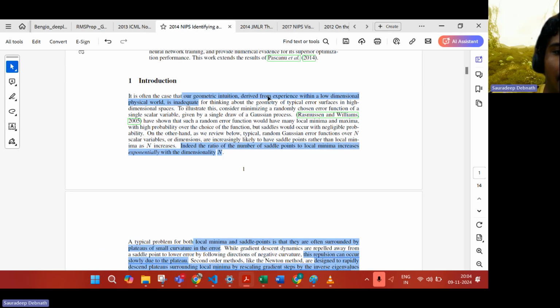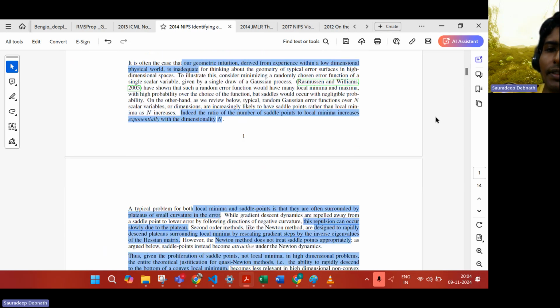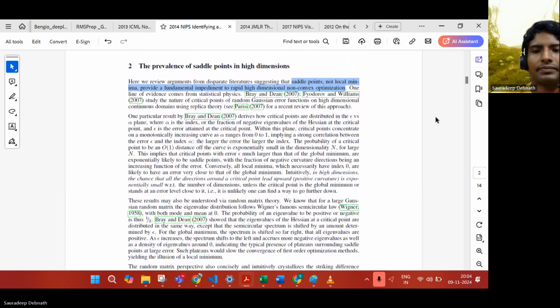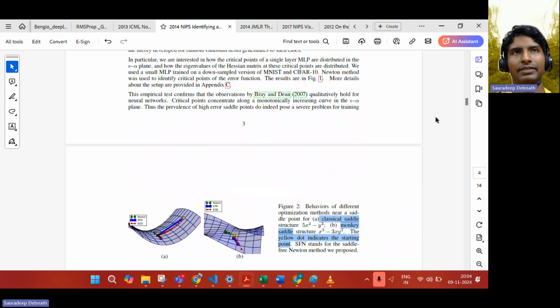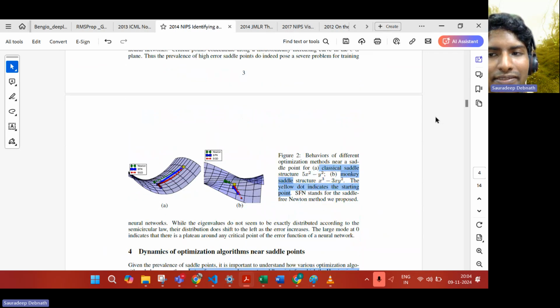Now, with saddle points, how do the two basic algorithms we discussed, SGD and Newton's method, behave in such cases?